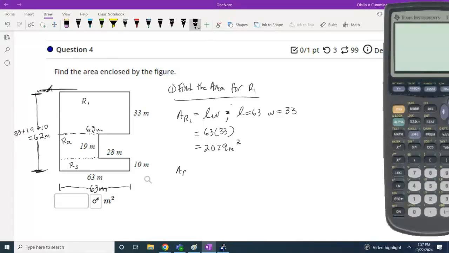All right, now we want to find the area for the second rectangle. In order to find the area, you need the length and the width. If I look at R2, notice they give me that the width, or the height, is 19. That would be the length of this side. What is my length?